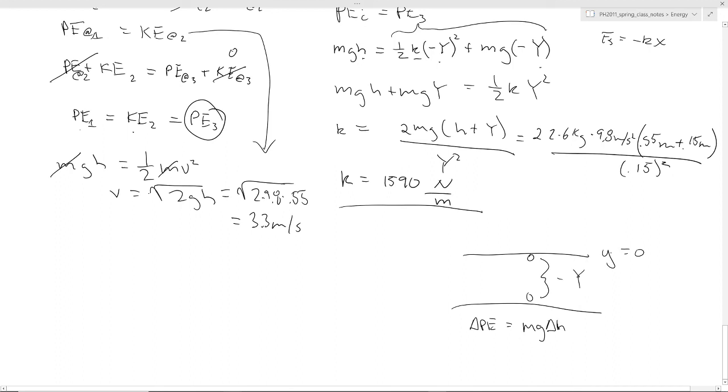Now notice, if our 0 is here, the change in potential energy in this situation with no spring would be mg times negative y. Okay. Now this problem is exactly the same, except we also have a spring here. So we would have this plus the 1/2 k capital Y squared piece.